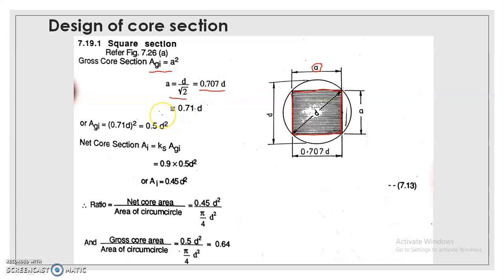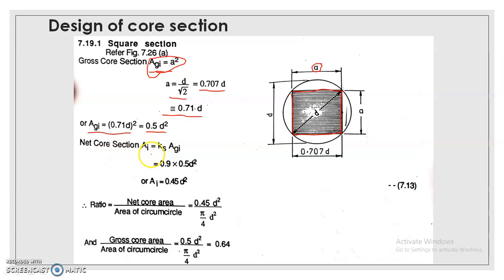You can approximately write that a is equal to 0.71 into d. So AGI is related with the diameter of the circle, and that circle indicates the winding of that transformer. And AGI is equal to 0.71 d bracket square, as we saw earlier. So substituting this value of a, which is related with d, you will get finally AGI is equal to 0.5 d square.